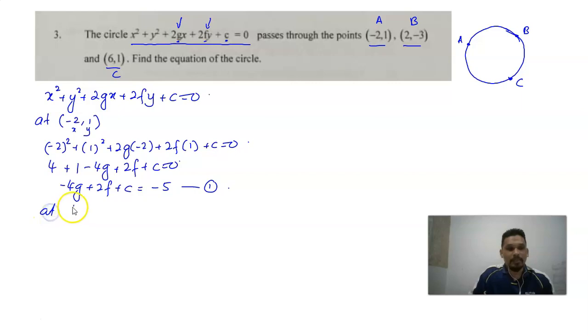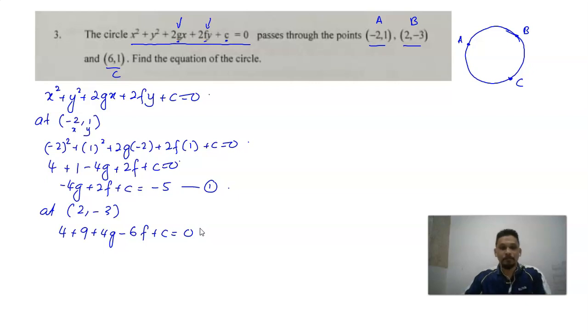Then at the point (2, -3): 2 squared equals 4, (-3) squared equals 9, 2gx is 2 times 2 equals 4g, minus 2 times -3 equals 6f, plus c equal to 0. So 4g minus 6f plus c equal to 4 plus 9, 13.